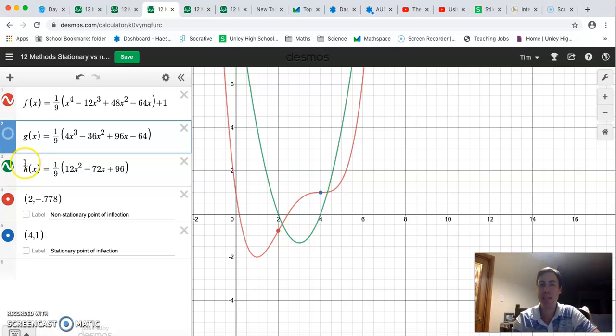When you then compare that to the first derivative, if you have an instance where both the first derivative is black, second derivative is green, when they both equal 0, you must have a stationary point of inflection.